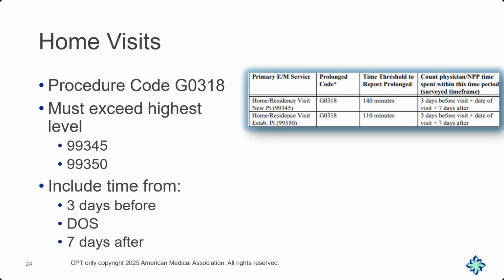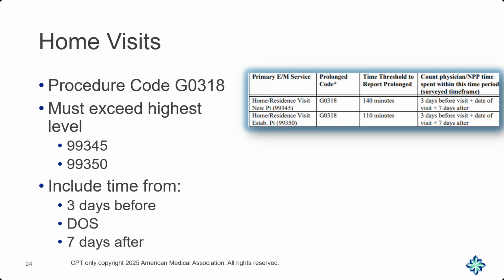For home visits, remember we talked about travel time not counting to that home visit, but a prolonged care code is available for home visits, and it's going to be G0318. It has to meet or exceed that highest level of 99345, which is 75 minutes, and then 99350, which is 60 minutes.